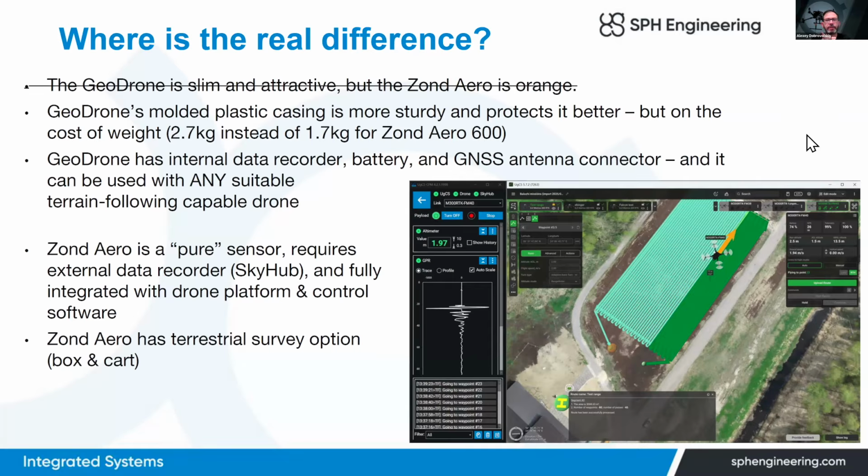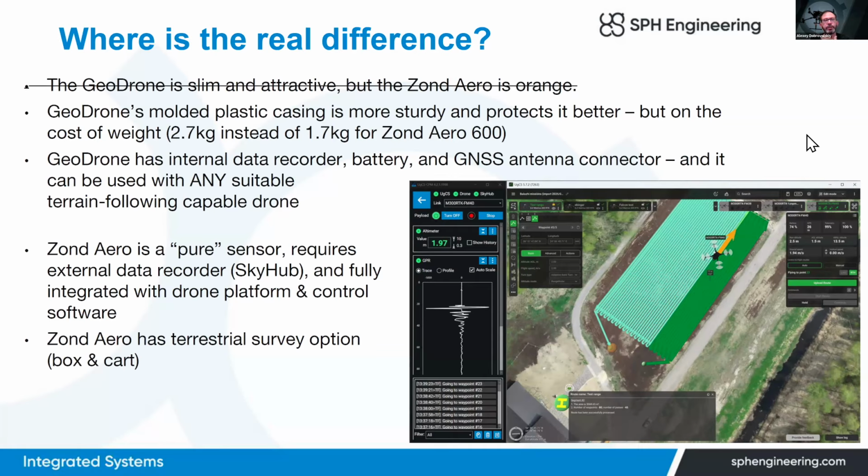MALÅ GeoDrone is a kind of self-contained sensor. It has an internal data recorder, it has an internal battery with a connector for optional external power, and it has an internal GNSS receiver with an antenna connector.